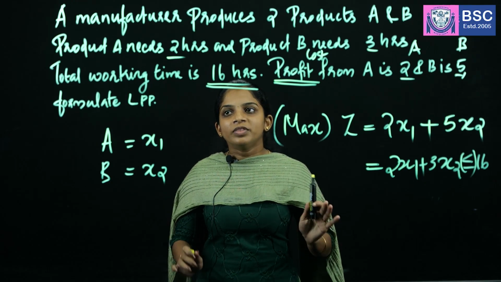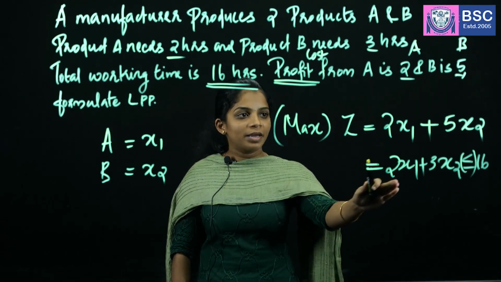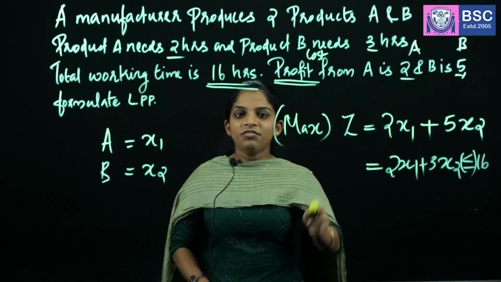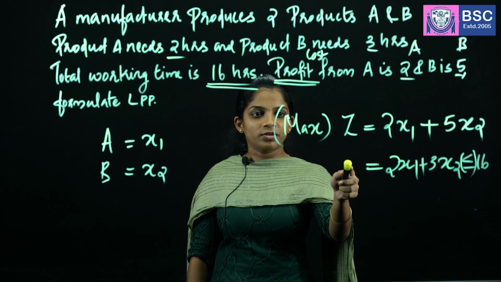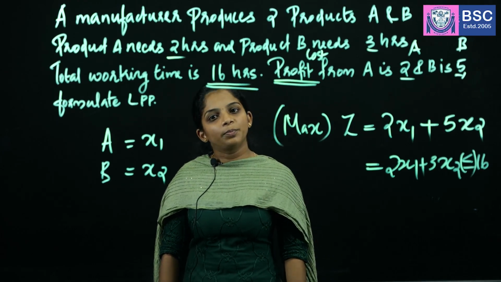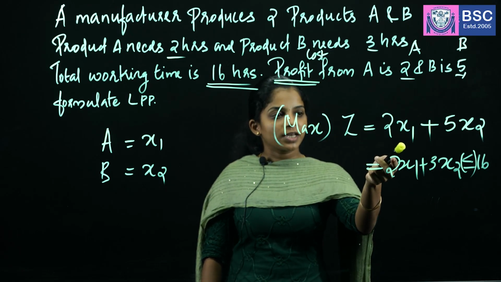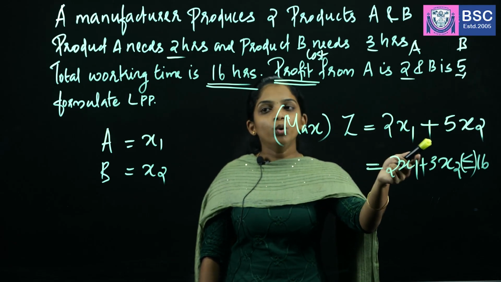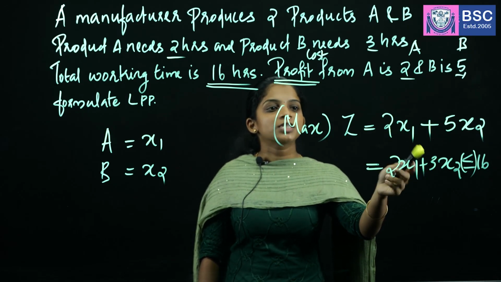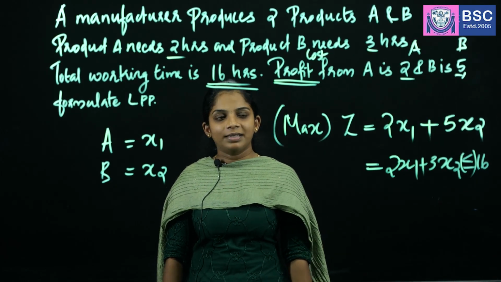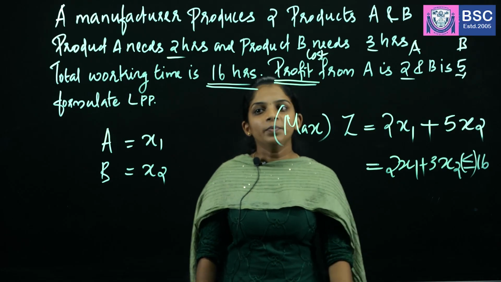From this mathematical model, we can understand that our objective function is to maximize profit, and x1 is product A and x2 is product B. From both these products we are getting 7 rupees profit, that is 2 from x1 and 5 from x2.